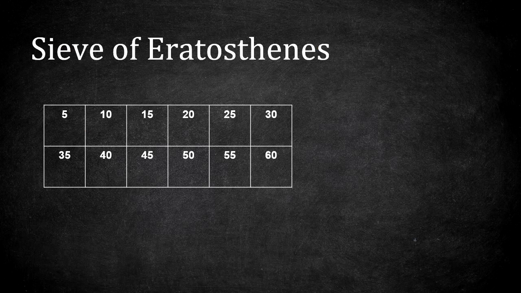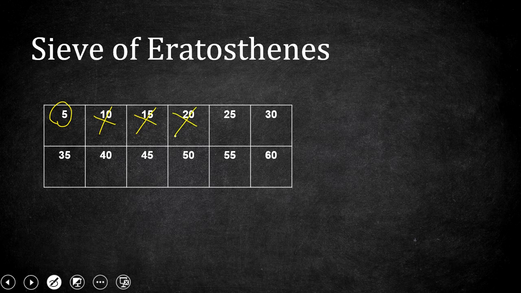That is, if 5 is the number, then we will remove all the multiples of 5. So here are the multiples of 5. If you see, 10 will be already struck out as this is a multiple of 2, and 15 will be struck out as this is a multiple of 3, and 20 also will be struck out as this is a multiple of 2 again.